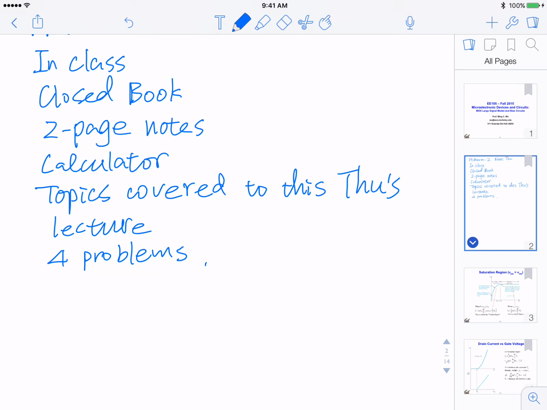For example, if we ask about junction capacitance, junction is present in MOS, so it's still within range. But primarily topics in between midterm 1 and 2. Okay?